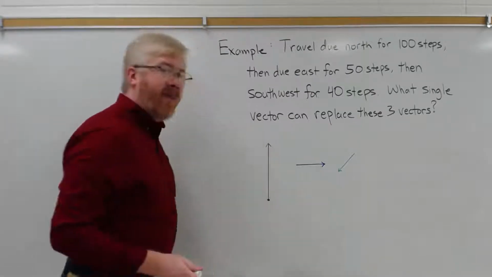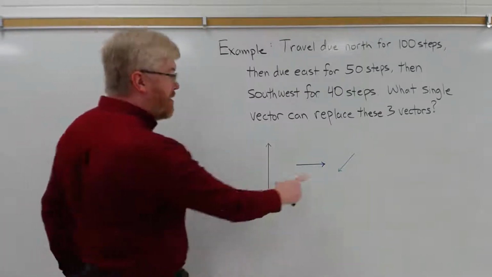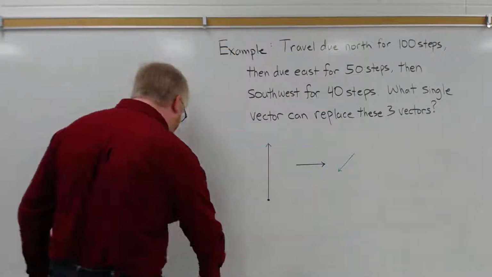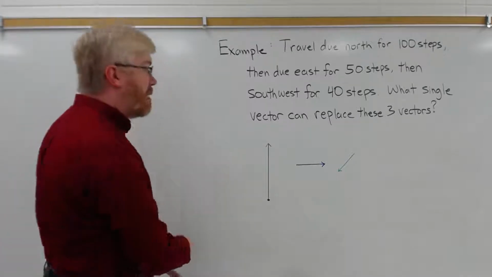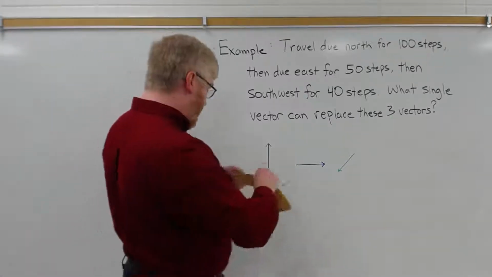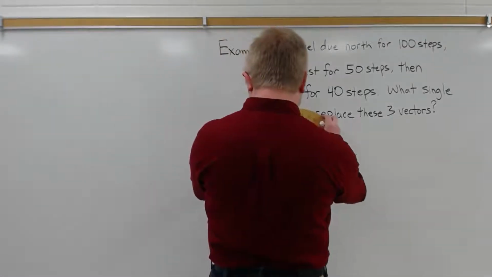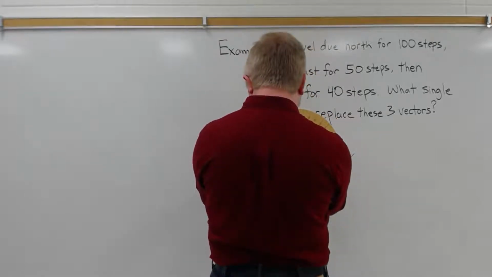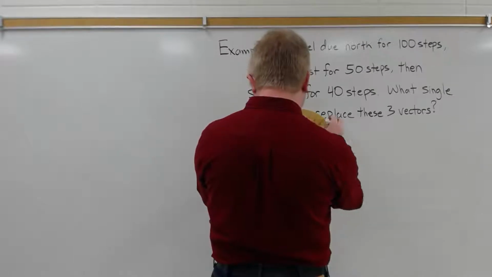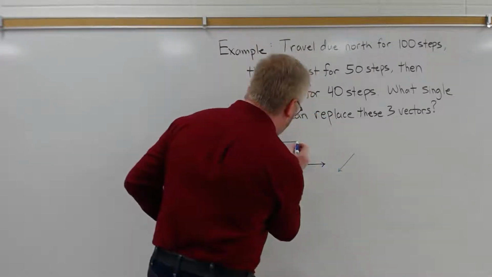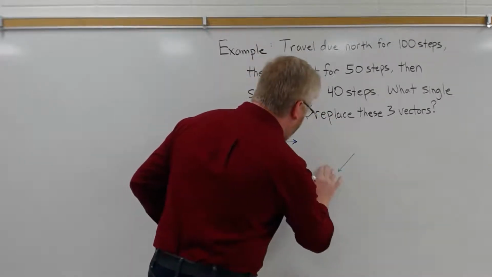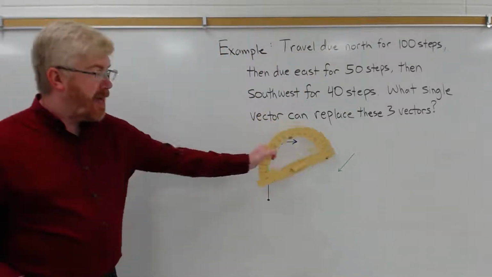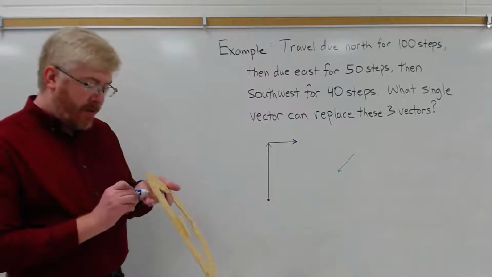Now, ending at the arrow of that vector, I attach the tail of the next vector. So I'm going to slide this vector over by hand, so it's going to be a little crude. Now attach the head of that vector to the tail of the next one.